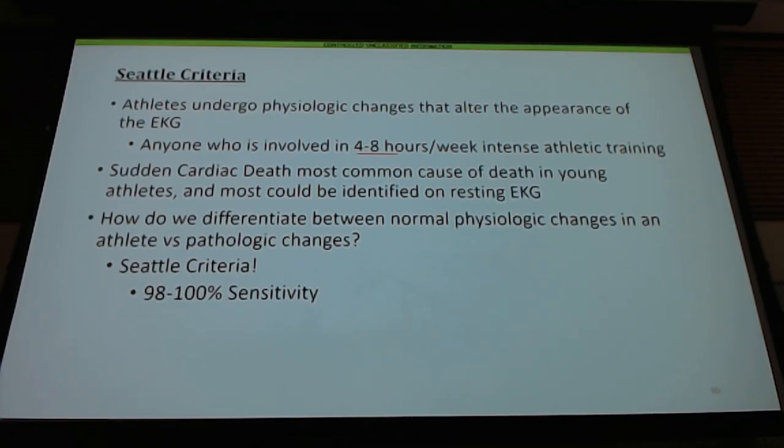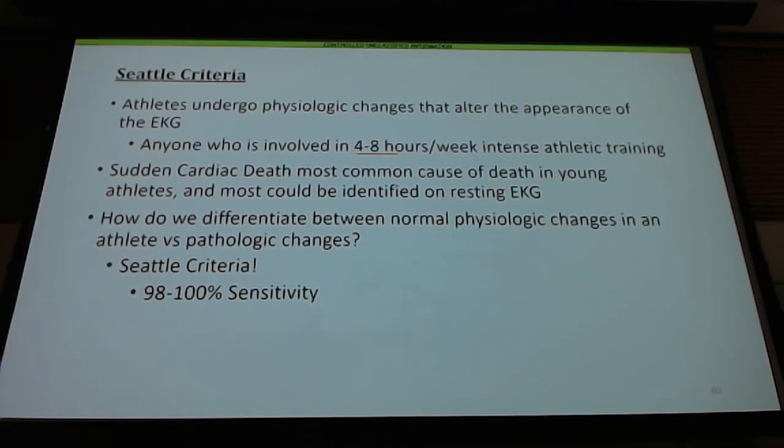So, how can we determine if this abnormality I'm seeing on my EKG is a normal, expected, benign thing for an athlete versus a high-risk change where I need to get this person over to see a cardiologist as soon as possible? And the Seattle criteria helps us determine that.